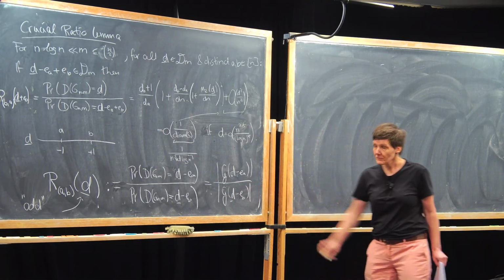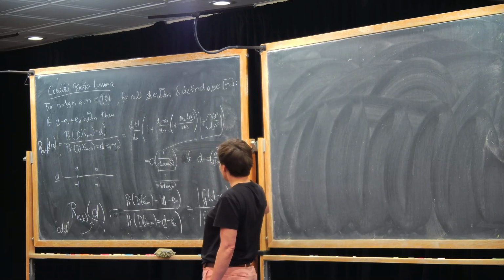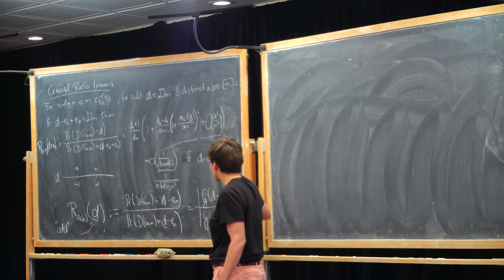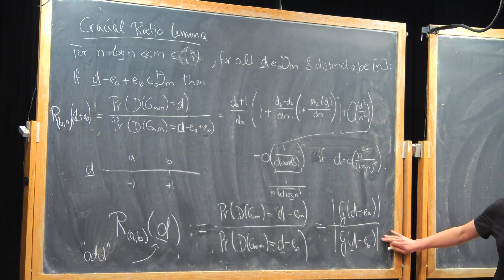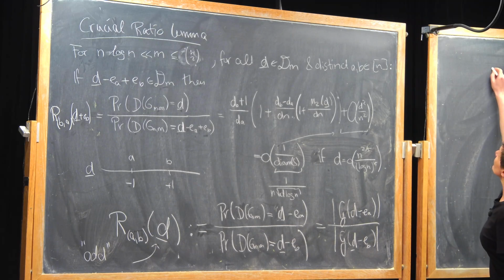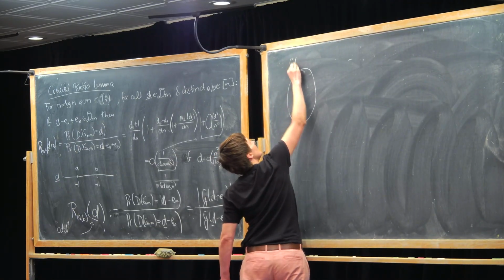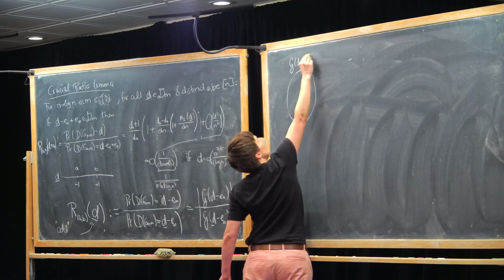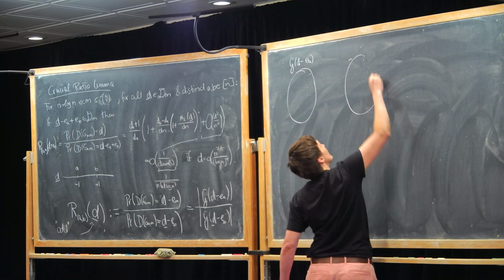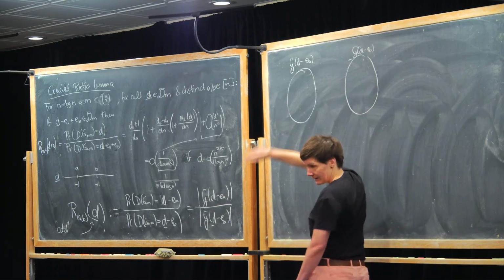Okay? Good. So how do I get a good idea about the comparison of these two set sizes? I think you've seen this idea at least in Imre's lecture. You form an auxiliary bipartite graph on the set G of D minus EA and G of D minus EB.